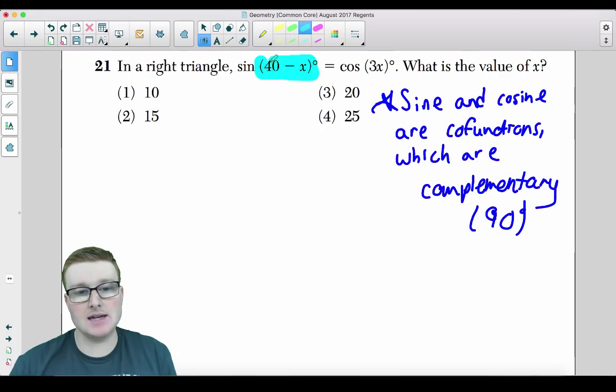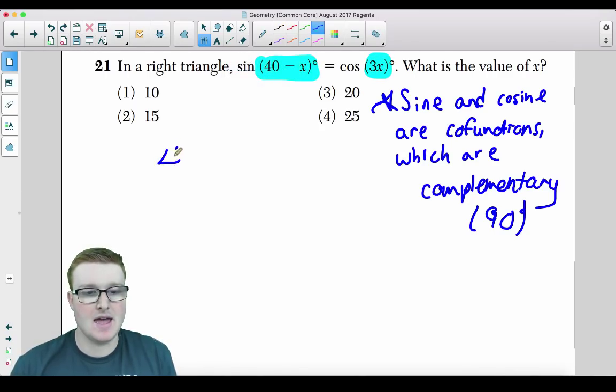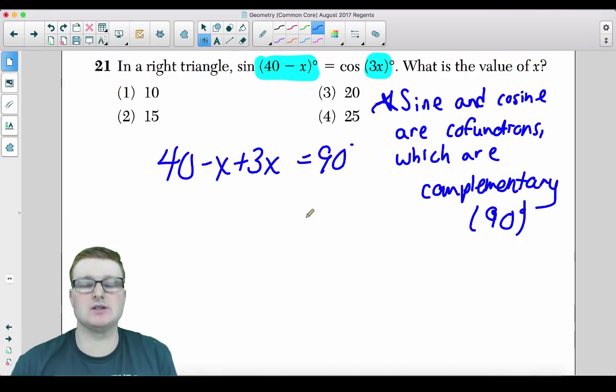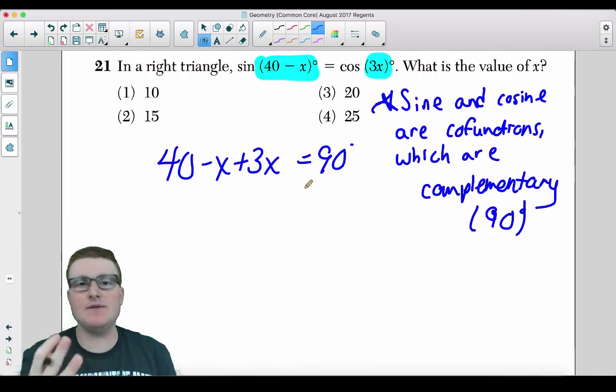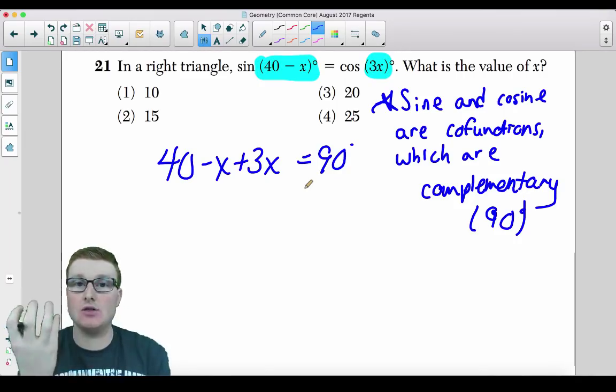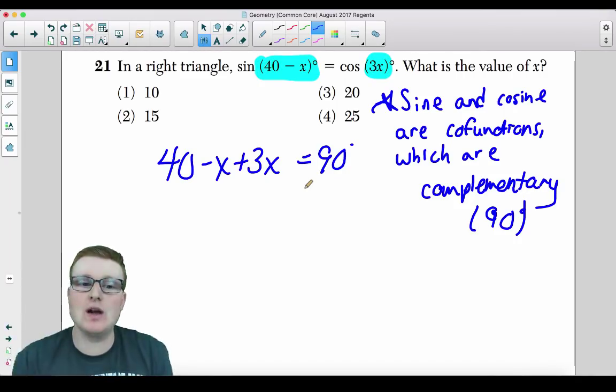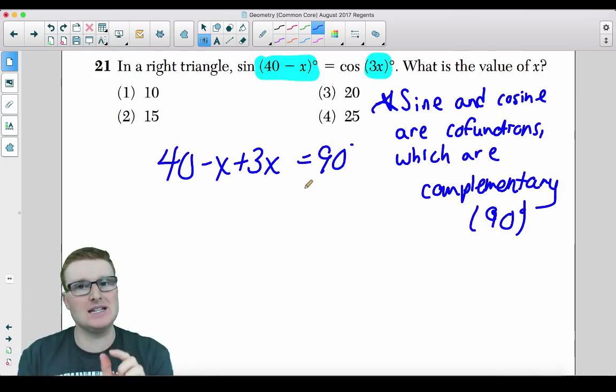Take the inside pieces of your sine and your cosine, add them together, and set it equal to 90 degrees. I'm not going to get into the specifics of why that is. I could go through a whole long proof. Basically, if you plug in any value of x that makes the sum of those two numbers add to 90, the sine of whatever that number is inside is equal to the cosine of its complement.